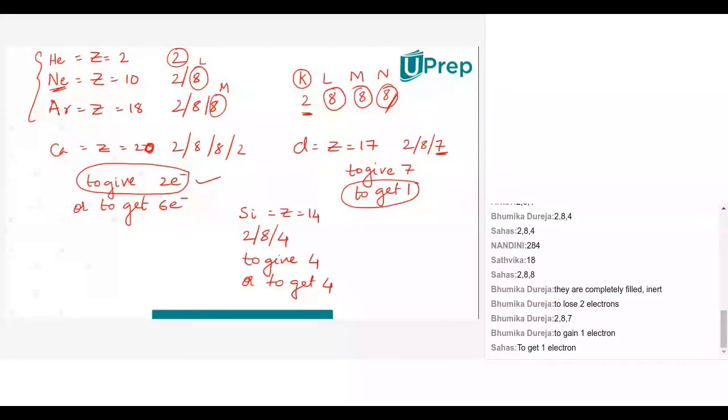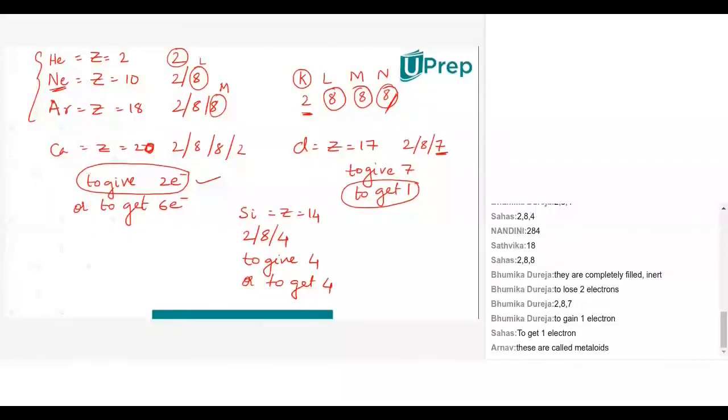Yes, very good. Both are same. Good, Bhumika and Sahas. In case of chlorine, it is easier to get 1 electron, and in case of silicon, both are equally likely. It is equally difficult or equally easy to give 4 electrons as well as to get 4 electrons. Okay.